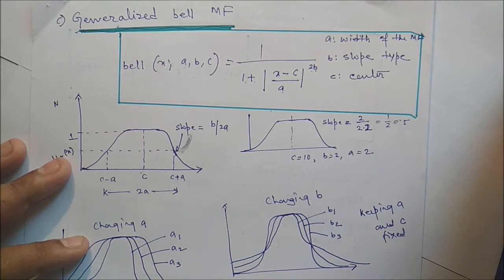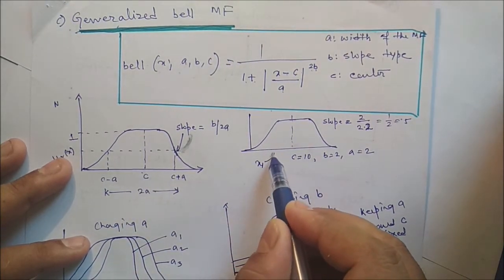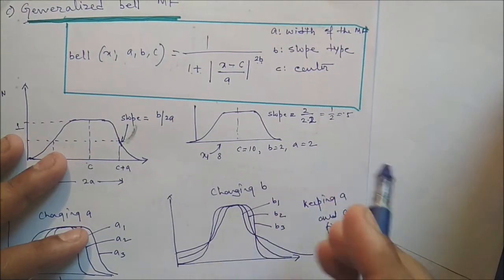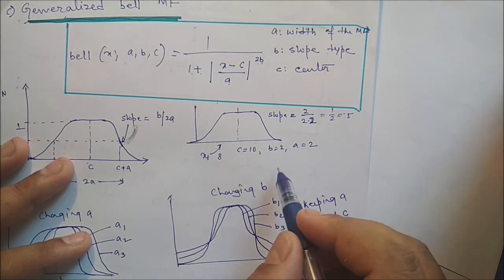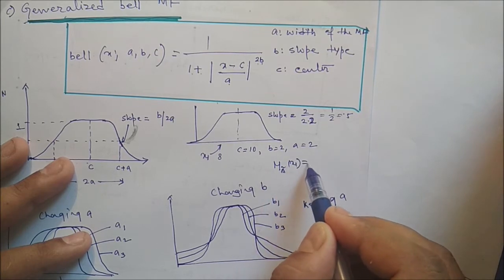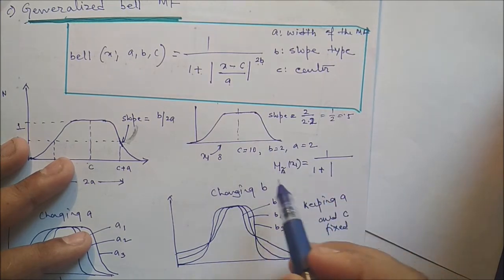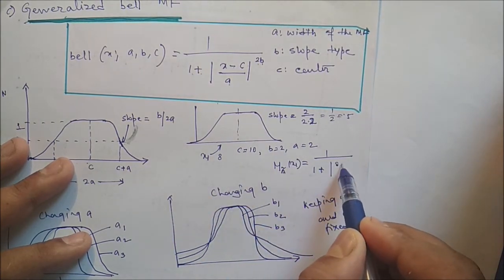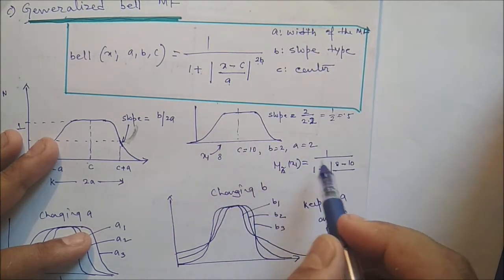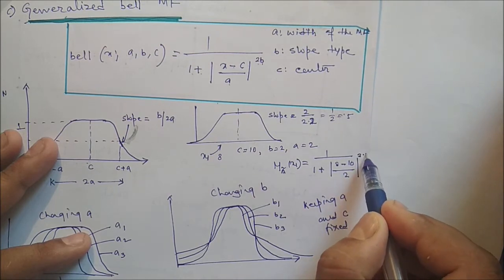Okay, so if any value is there, say x1 is equal to 8, what should be the membership value? We have to apply this particular formula. The membership value of x1 will be 1 by 1 plus mod of (x minus c) by a, to the power 2b. x is 8, 8 minus c. c is 10, by a. a is 2, to the power b, 2 into 2.